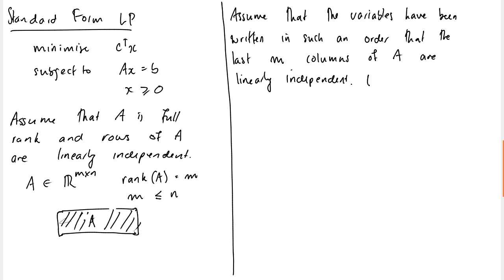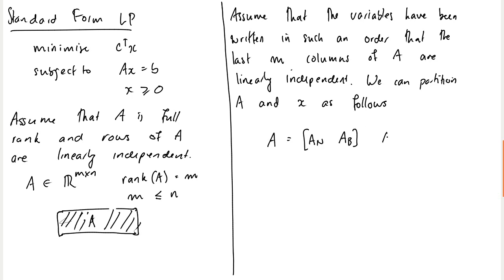Okay, so if we do that, we can partition A and x as follows. We're going to write our matrix as A equals [A_N, A_B]. A_B is going to be those last m columns, so it's going to be m by m, and A_N will be the rest of them.